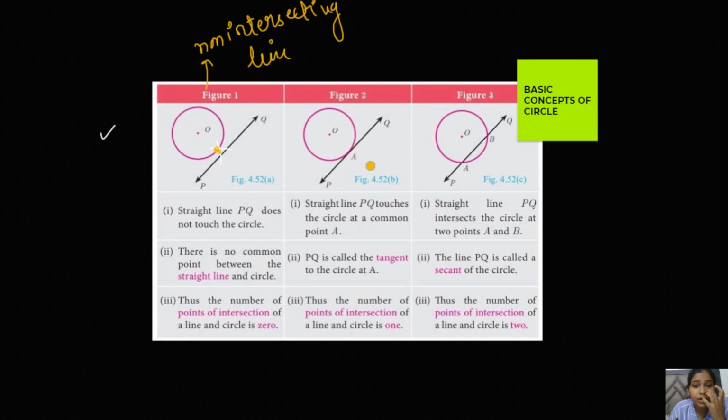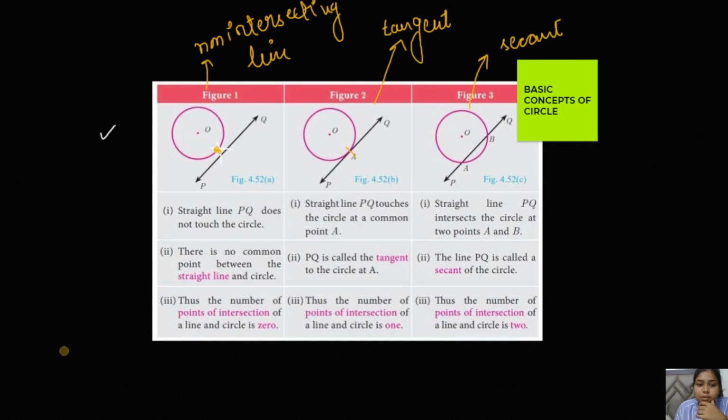Now let's move ahead. You can have a look at this picture. The straight line PQ touches the circle with center O at only one point, so the number of points of intersection is only 1. When a straight line touches the circle at one point only, it is known as a tangent. In the last picture, the straight line PQ intersects the circle at two different points, so the number of points of intersection is 2, and this is known as a secant.